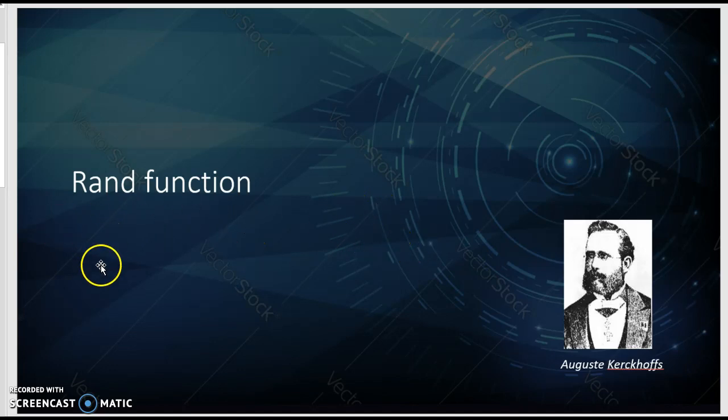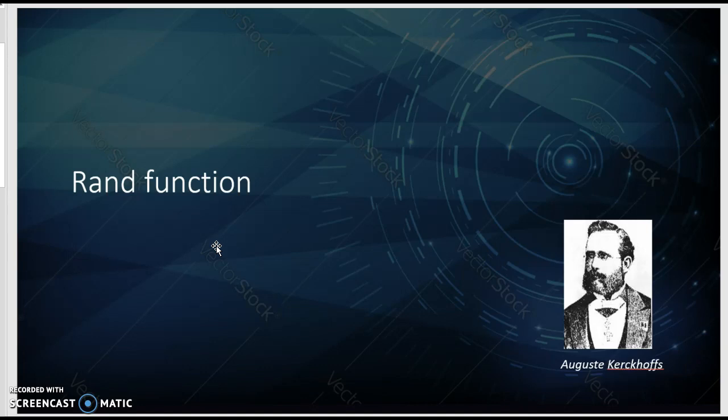But as we all know, rand fails in this because anyone could get hold of the rand function algorithm and edit it, and influence the outcome of the rand function.